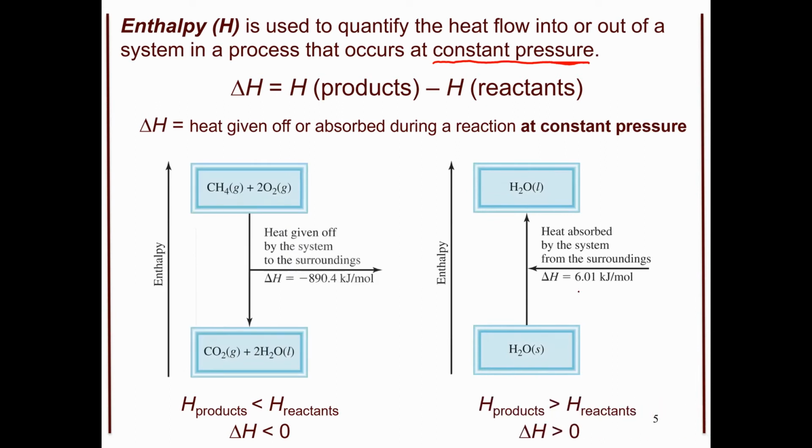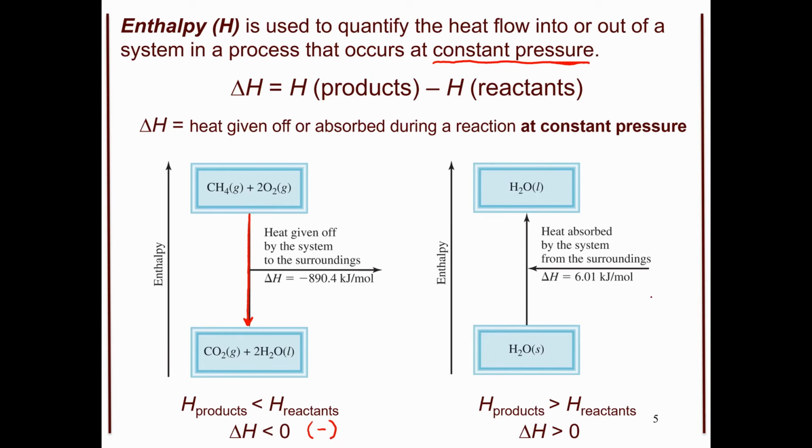So now we can go and look at these processes. Notice that if we have our reactants going to our products, as you see here, our delta H of the products is less than that of the reactants. This means that our delta H is going to be less than 0, or a better way of putting it, it's going to be negative. So if you see a downward arrow when dealing with enthalpy, you are seeing an exothermic reaction.